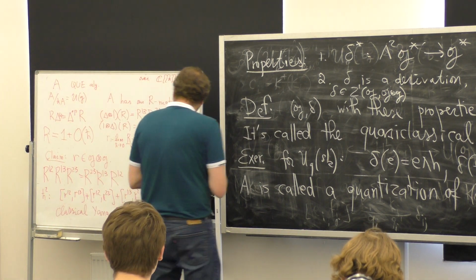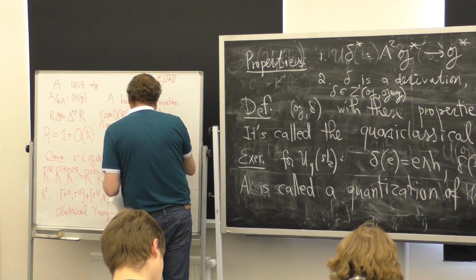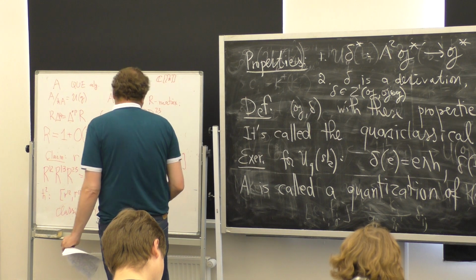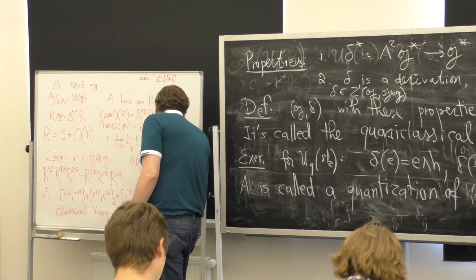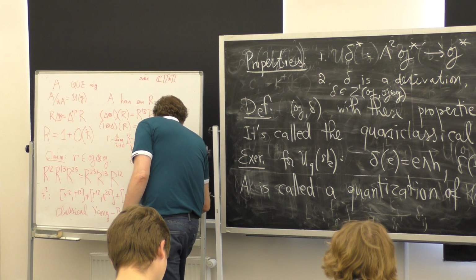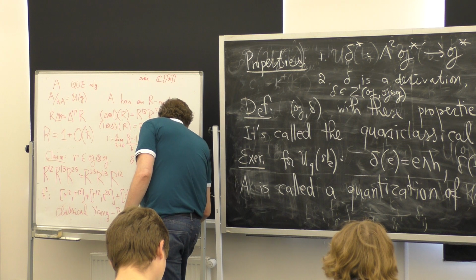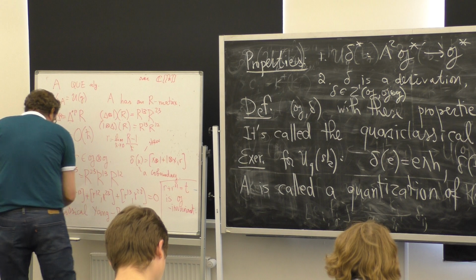And finally, since this is skew-symmetric, the property of the R matrix you will get is that r plus r21, which is denoted by t, is G-invariant.